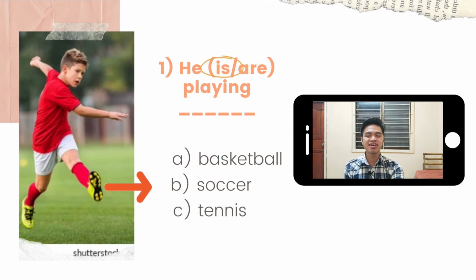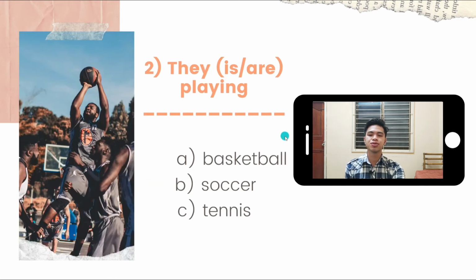Good job. So now let's go to number 2. For the number 2, we have they, is, or are playing blank. So let's decide first if we're going to write is or are. So what do you think, kids?